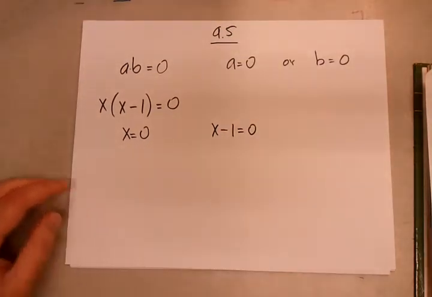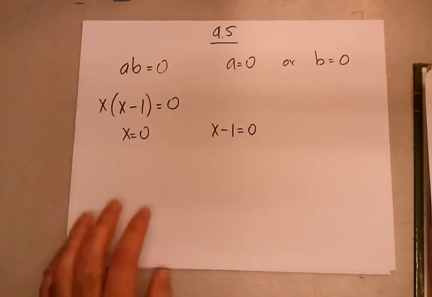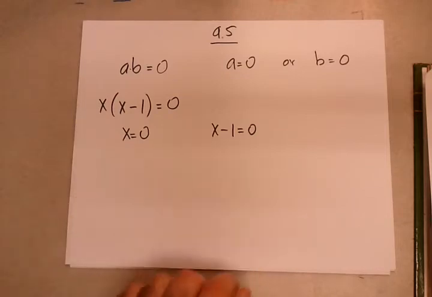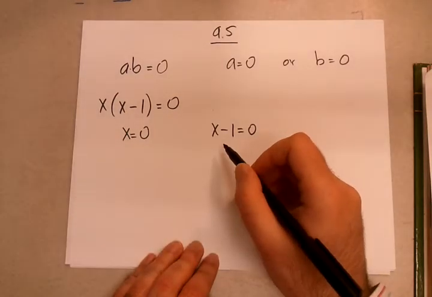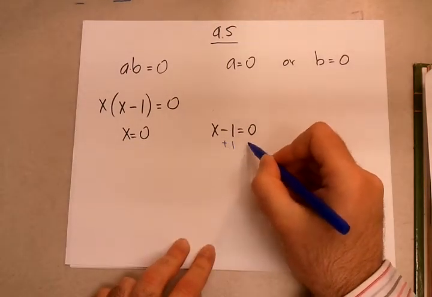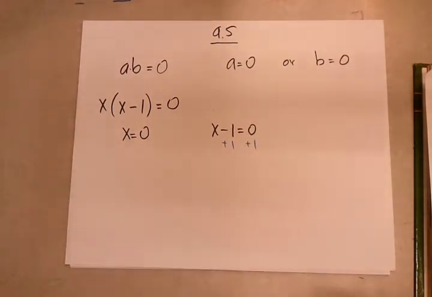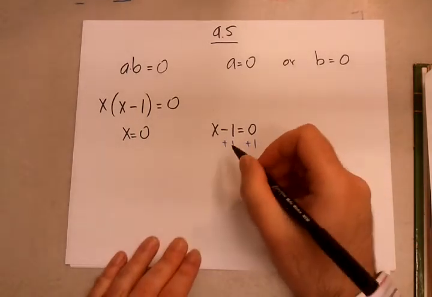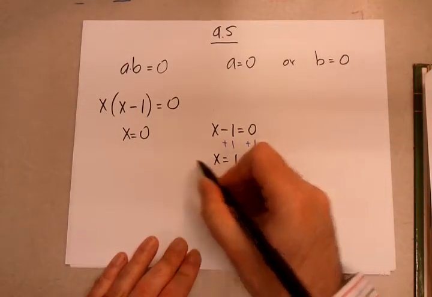The only difference here is that you have to do a little bit of solving, because you have to solve for x, and you add 1 to both sides. So plus 1, which of course gives you x equals 1.